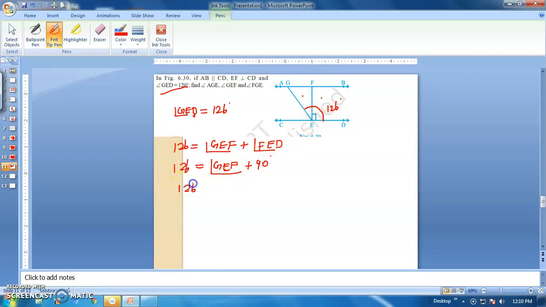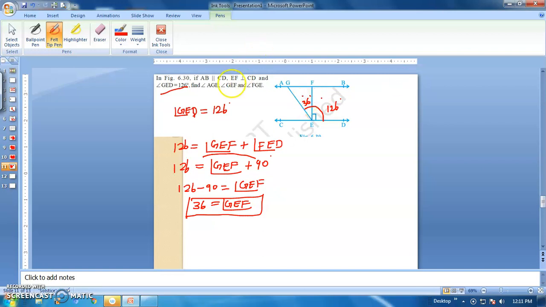Therefore, transpose 90 to the left hand side. It will become 126 minus 90 equal to angle GEF. If you subtract it, we will get 36 equal to GEF. So angle GEF is nothing but 36 degrees.